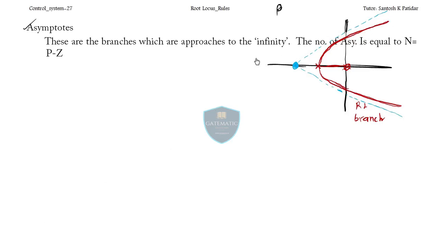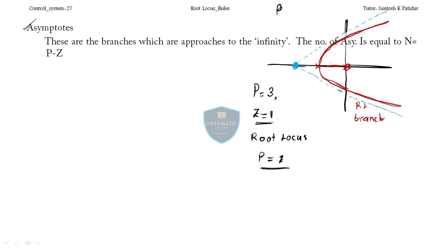As we discussed earlier, suppose you have p equal to 3, the number of poles is 3, and the number of zeros is 1. So you have a deficiency of 2 zeros, because for the root locus we should have p equal to z. If we have a deficiency of any one, we assume that particular thing at infinity.